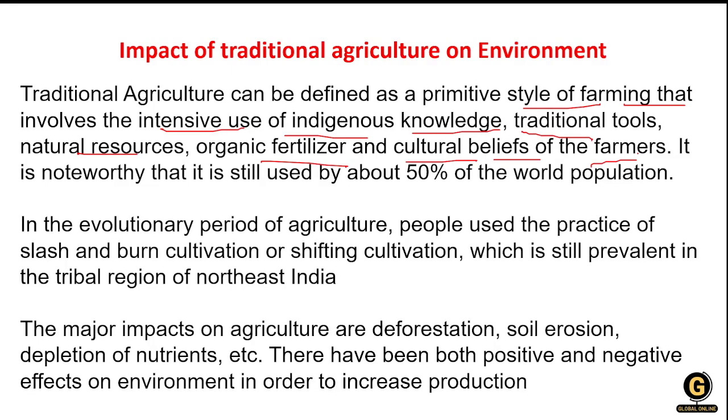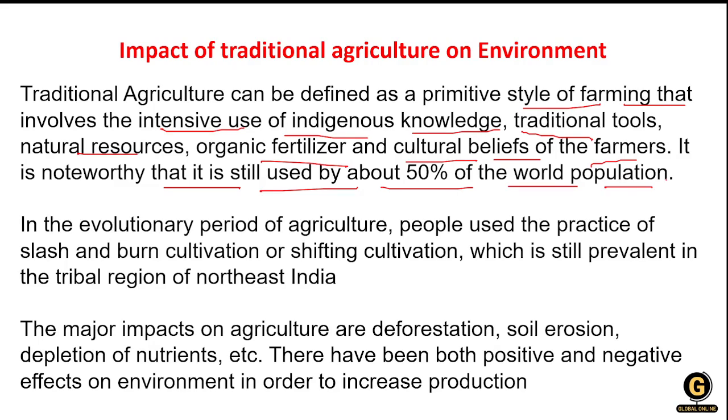Clear? See here, it is noteworthy that it is still used by 50% of the world population. That means traditional agriculture is being used by more than 50% of the world population now.